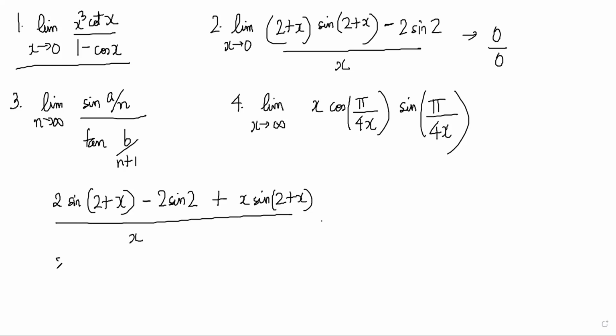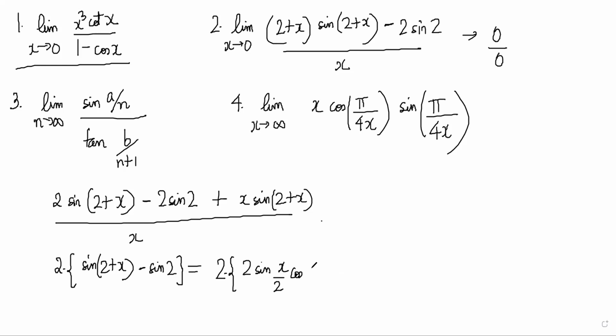Take 2 common here, and you have sine 2 plus x minus sine 2. You can do sine c minus sine d, which is 2 sine of c minus d by 2, cos of c plus d by 2. So 2 sine x by 2 cos of 4 plus x by 2, so cos 2 plus x by 2.